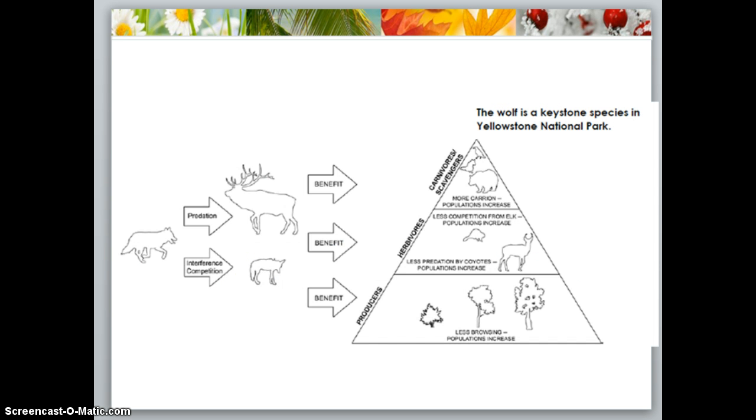When we talk about a keystone species, a top predator, the top predator will hunt different animals, and one of the things that it'll hunt are the elk. And not only do the elk provide a food source for the wolf, but as the elk decompose, it provides a food source for other animals.